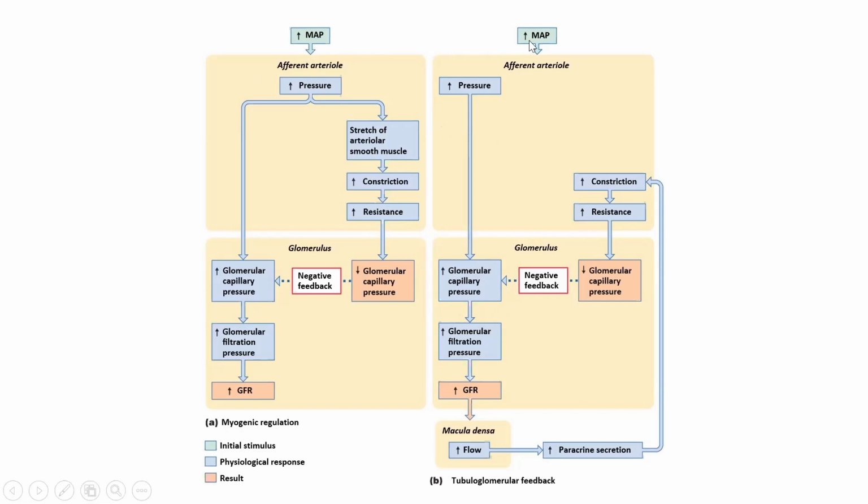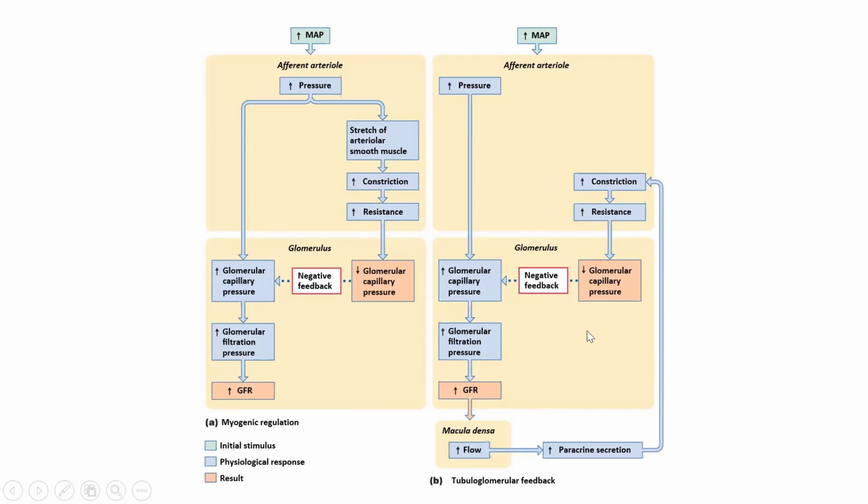We have an increase in mean arterial pressure. What we're looking at is a different mechanism for correcting that. So we have an increase in mean arterial pressure, resulting in an increase in glomerular pressure. In other words, more fluid coming into our glomerulus. That results in more GFR, so GFR increasing.